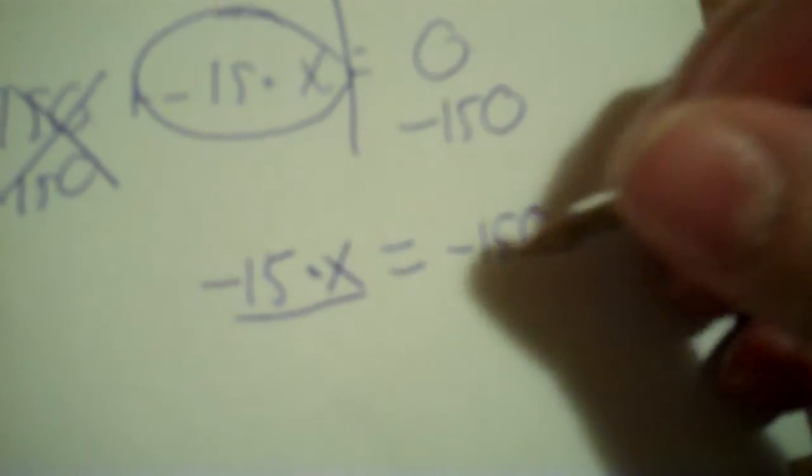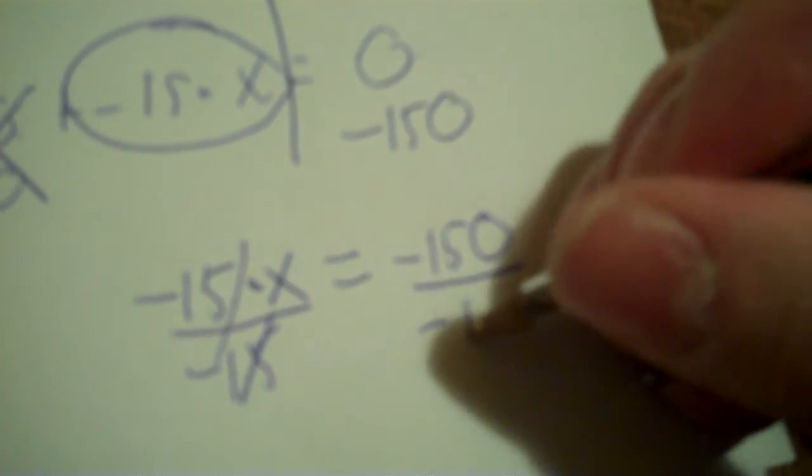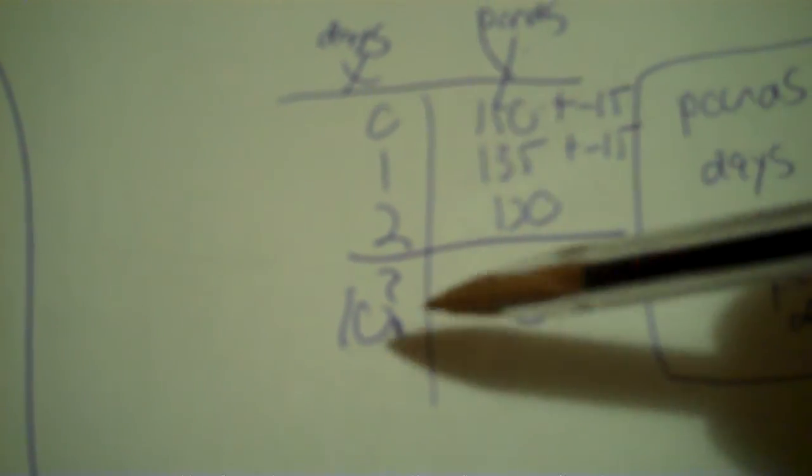And you divide each side by negative 15. So negative 150 divided by negative 15 is 10. So 10 days. Put 10 in that table, makes total sense logistically. You know, it's running out here as it's going up here.